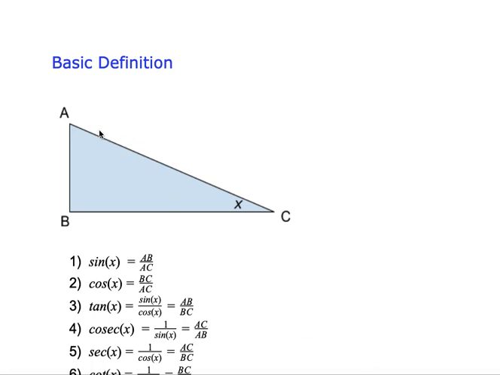Consider any right angle triangle ABC, which is right angled over here at B, and we are calling angle C as X. If we had the three sides AB, BC, and CA, and we wanted to pick a pair from these possible three sides, we will have three such pairs.